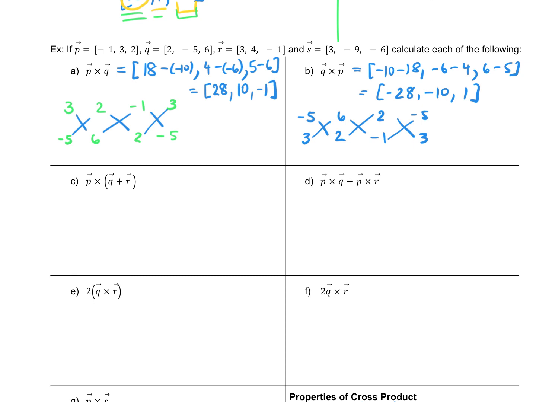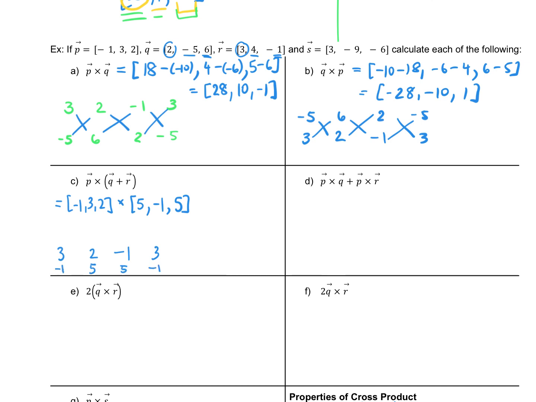So vector P is -1, 3, 2, and that's going to get crossed with, okay, let's add Q and R. 2 plus 3 is 5, -5 plus 4 is -1, and 6 plus -1 is 5. Now let's do our cross product. First vector starting from the middle term, 3, 2, -1, 3. Second vector starting from -1, 5, 5, -1.